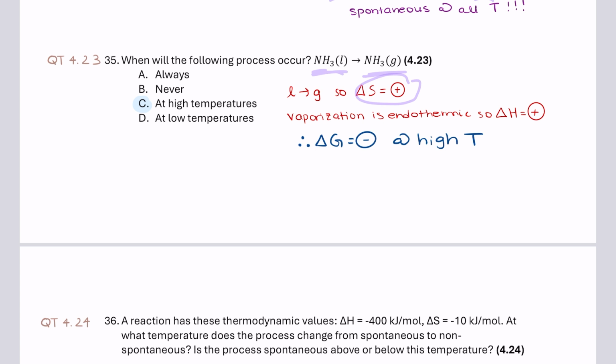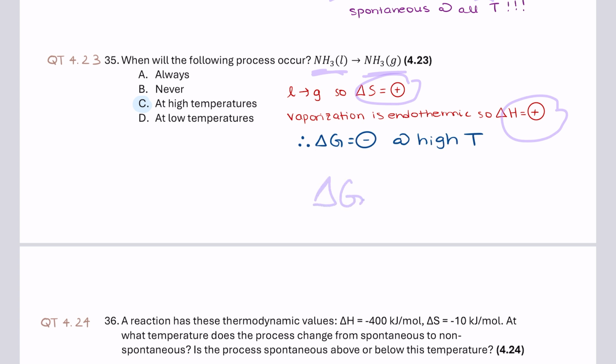Now let's consider the enthalpy change, delta H. Vaporization, going from liquid to gas, always requires energy to break the intermolecular forces that hold the liquid together. So this is an endothermic process. Because energy is absorbed, the enthalpy change is positive. Next, we're going to use these two facts to figure out the relationship between Gibbs free energy, enthalpy, and entropy.